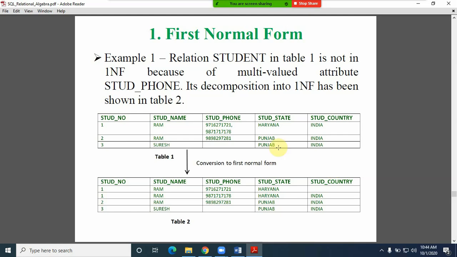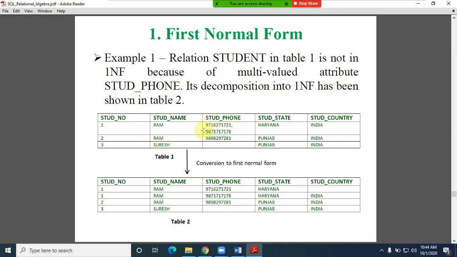Except for student phone, all are single valued, meaning only one value is referenced for that attribute. But student phone may contain multiple values, as that particular student may have multiple phone numbers.